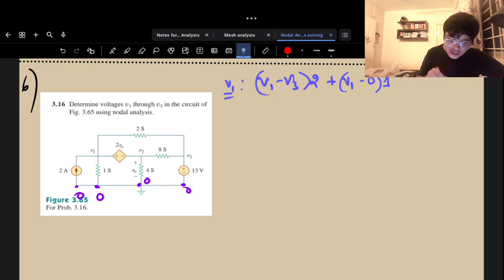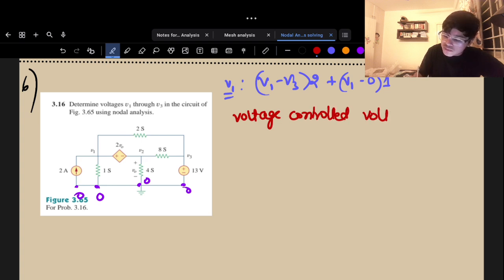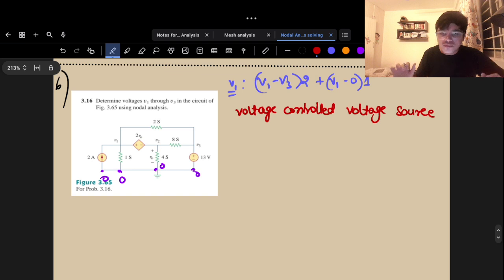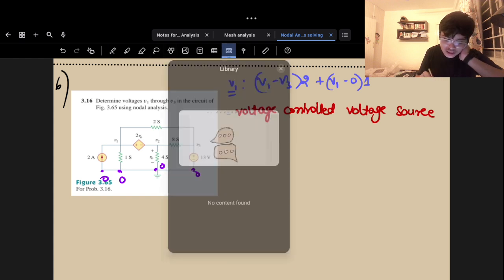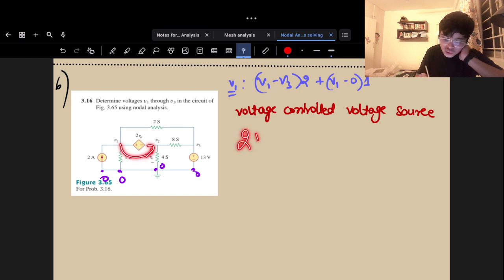Let me define this for you. This is something called a voltage controlled voltage source. Now it is saying that the potential drop across these 2 points is something called 2 V naught.